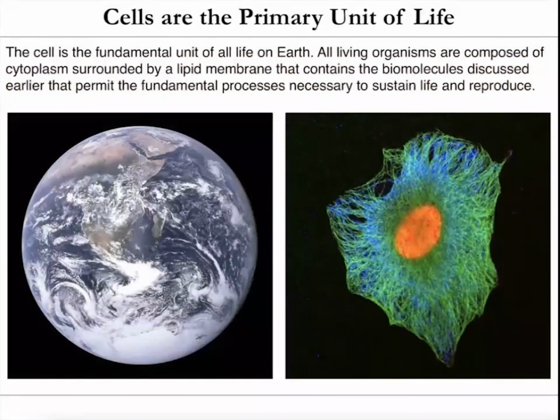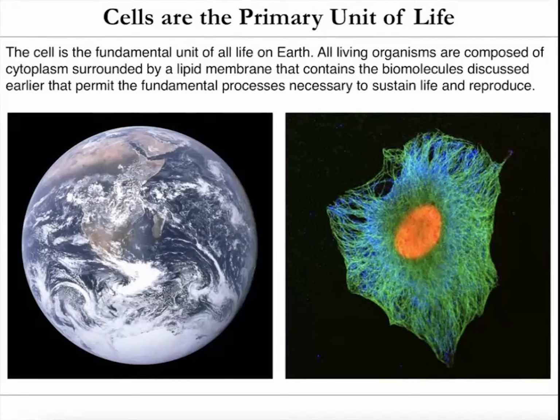So today we're going to be talking all about cells. The importance of that is that cells are the primary unit of life. Cells are the most fundamental that a living thing can be and still be considered a living thing. So the cell is the fundamental unit of all life on Earth.